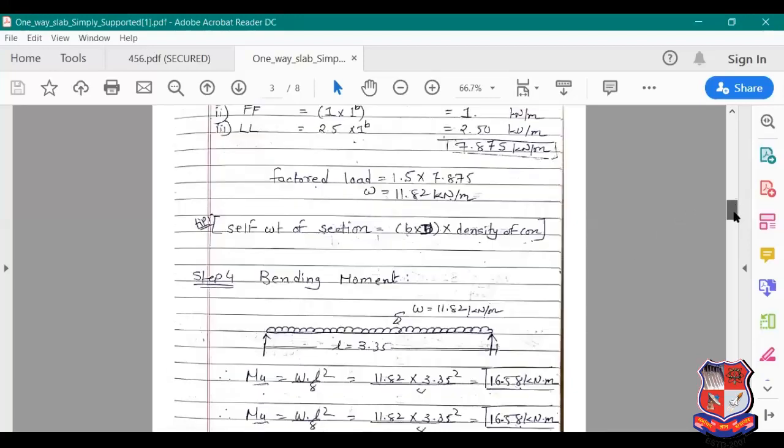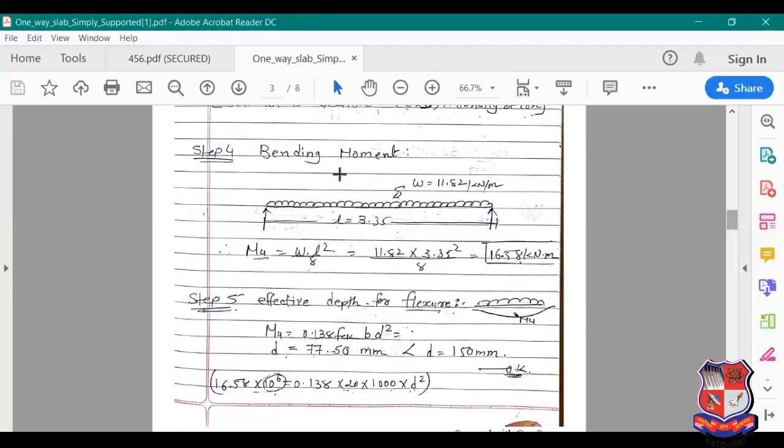Step number 4 is bending moment. It is a simply supported beam, so let's draw it as a simple beam, like we use in structural analysis examples.